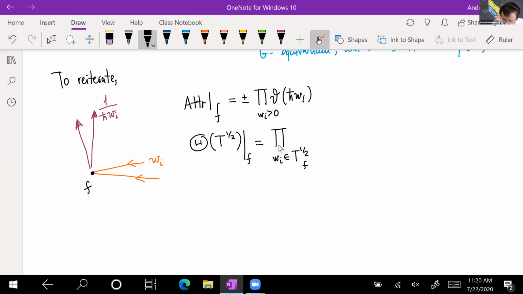So this picks half of them, but we need which half.